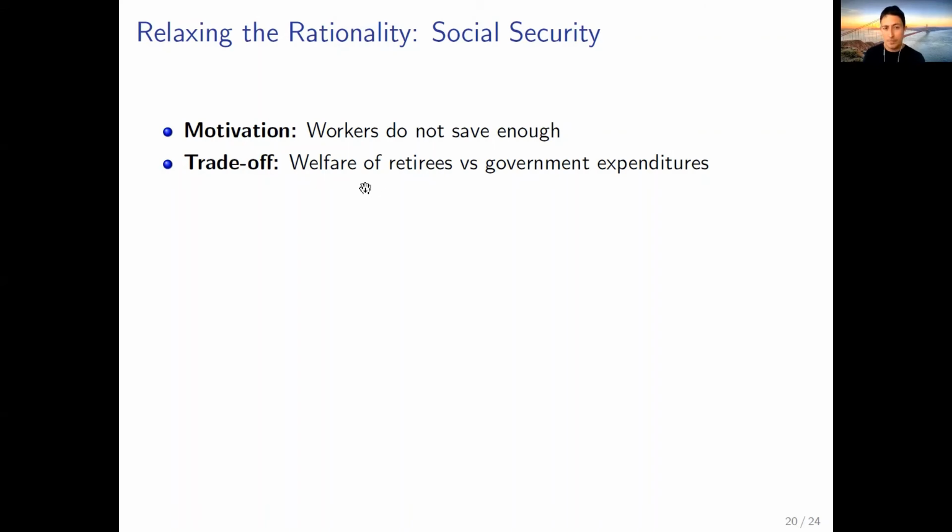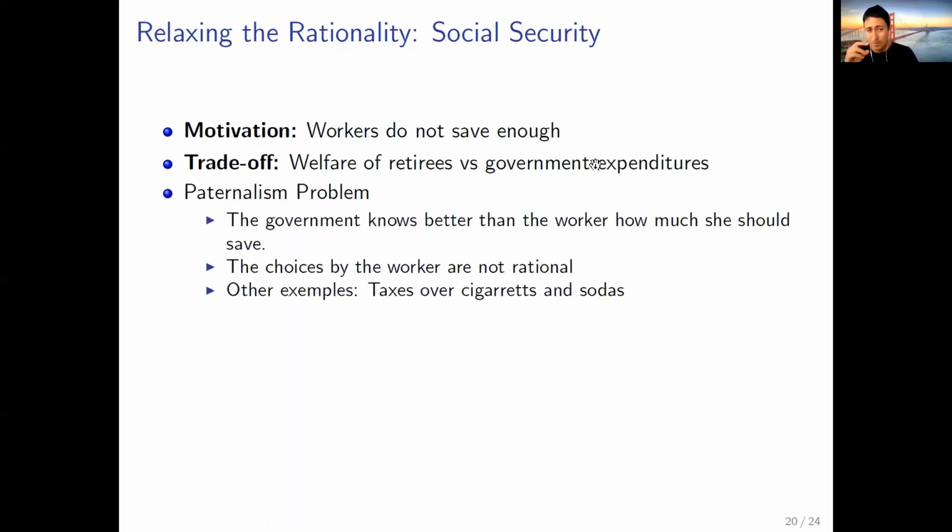So the trade-off here is that as you increase the money given to the retirees, you increase their welfare, you increase their utility, but you also increase the government expenditures, right? But there's another problem with this particular policy, which is the following. Whenever the government says that workers don't save enough, it's almost like the government saying, I, as the government, know better than the worker how much the worker should save.